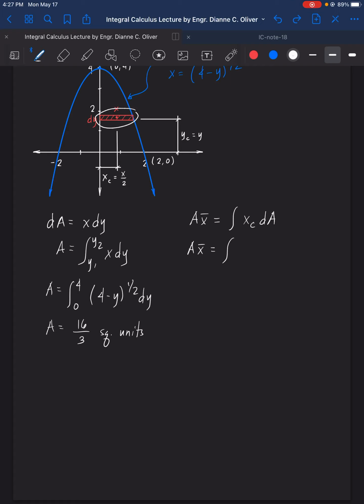So the center of the area strip here is x/2. So that is the xc. Then dA is x dy. The limits are, since we are using dy, y1 to y2. So to simplify, we have here x squared over 2 dy, y1 to y2.